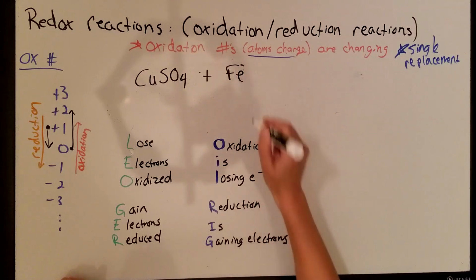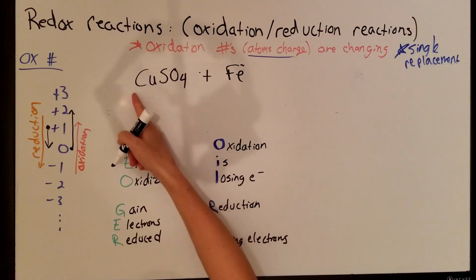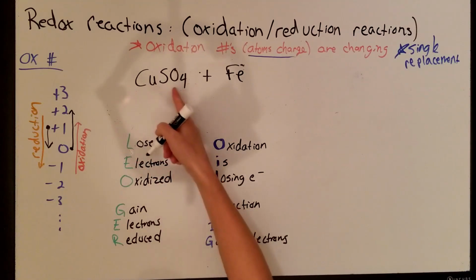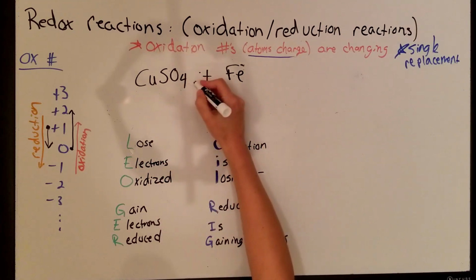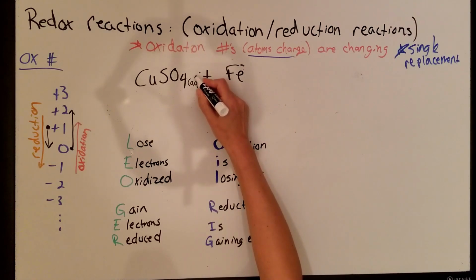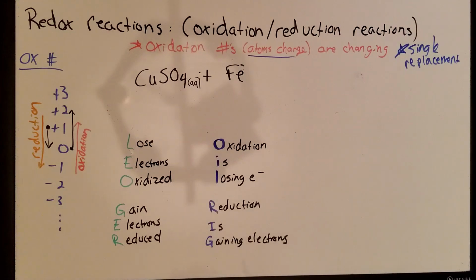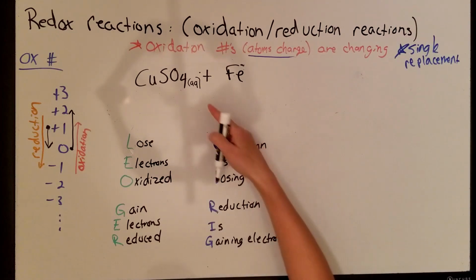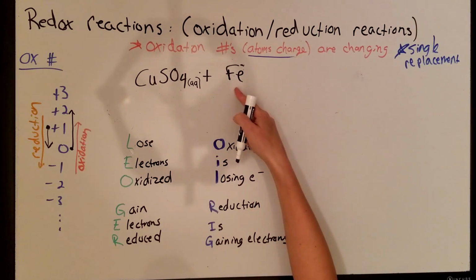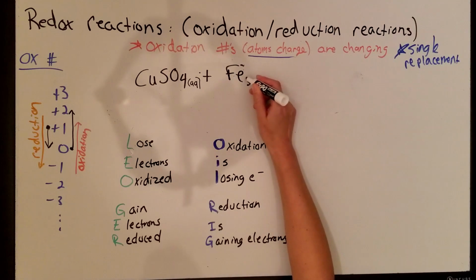So if you watch the video of Dr. Rennie doing the actual experiment, you'll notice that when he took that blue solid that he weighed out, that copper sulfate, he dissolved it in water. So that's why I'm writing an AQ here, because since it dissolved in water, it's an aqueous solution. He then added Fe, iron powder, and the iron powder that he added was in solid form.